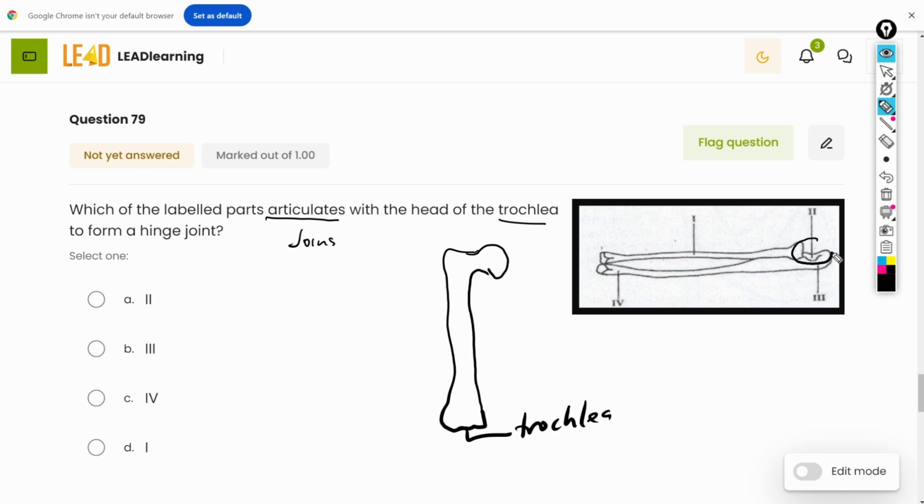It joins to this part labeled 2 to form a hinge joint. That is a joint that allows only to and fro movement in one direction, back and forth. So the region labeled 2 is the point of attachment of the trochlea. If this is the humerus, so this part 2 is the option A as our answer.